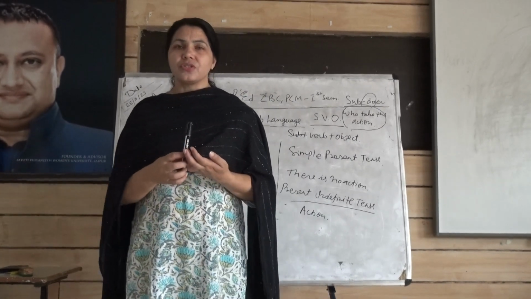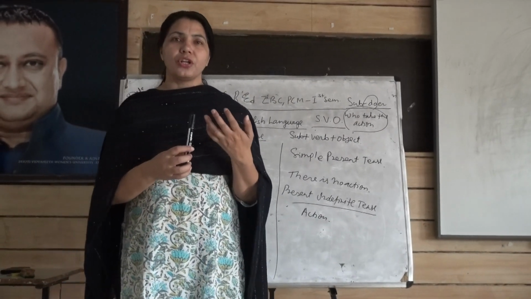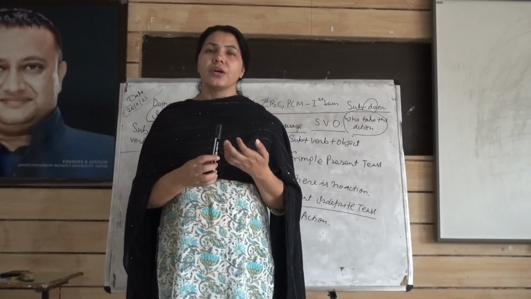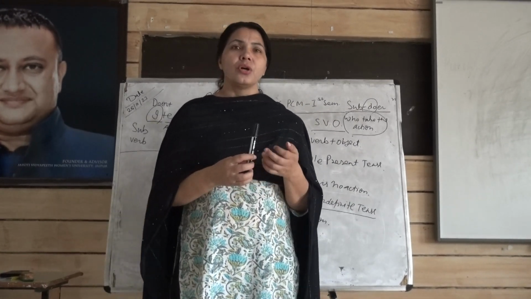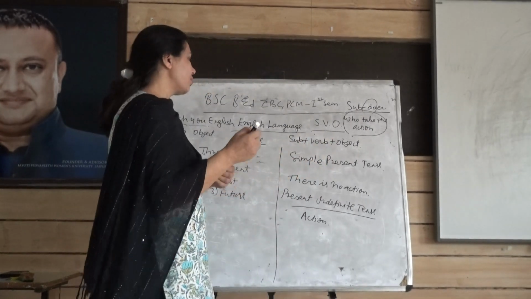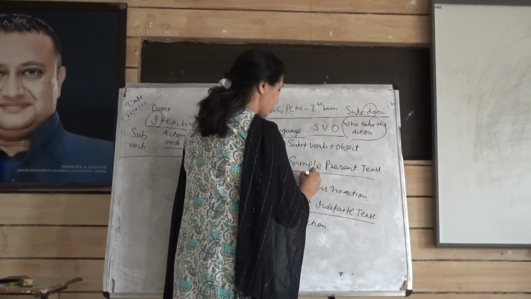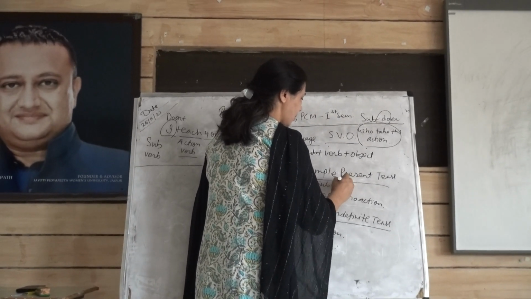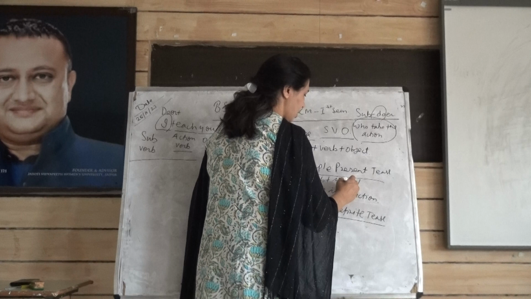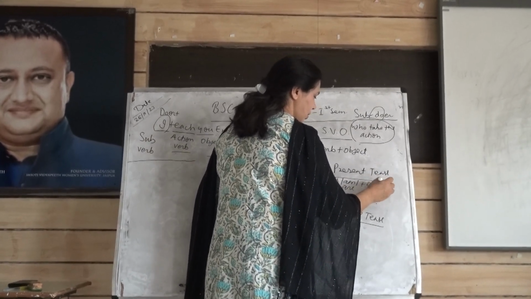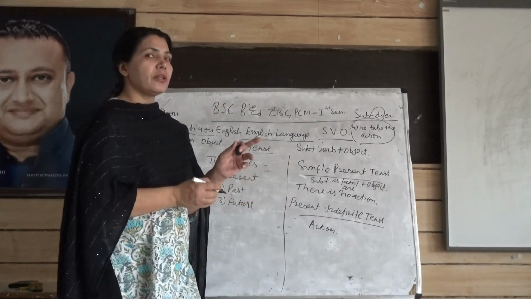So in simple present tense, again I am repeating, there is no action, whereas when we talk about present indefinite tense, there is the action. If we are using the three elements with simple present, there is subject, there is verb, and there is object, but again there is no action.